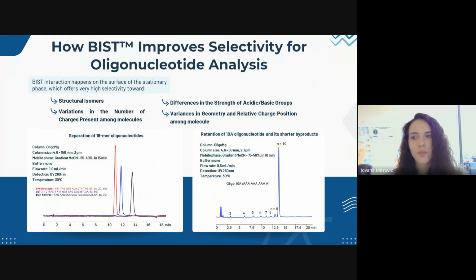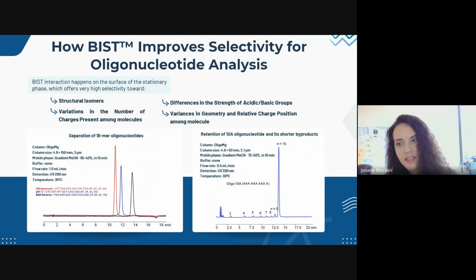And one of the most powerful and unique advantages of the BIST platform is the level of selectivity it provides when separating closely related oligonucleotide species. So let's break down what's exactly happening.